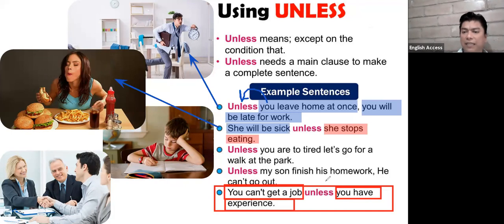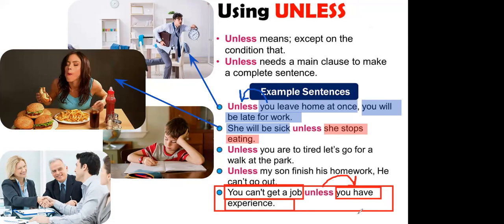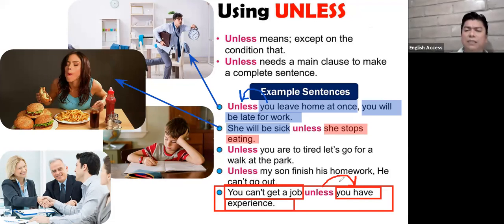It's establishing that we need that condition. Another way to say it is, unless will be if you don't. If you don't have experience, you can't get a job. That would be a similar sentence.